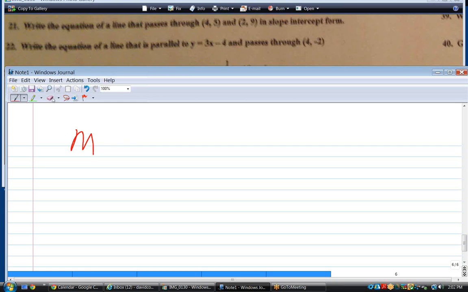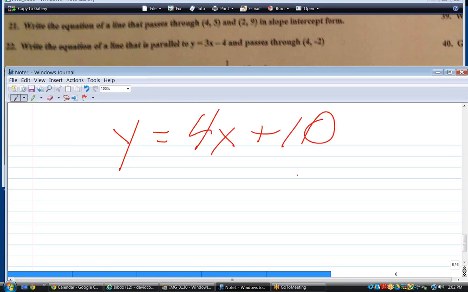If I'm going to give you an equation, what's the slope of this line? 4. What's the slope of a parallel line? 4. What's the slope of a perpendicular line? Negative 4?